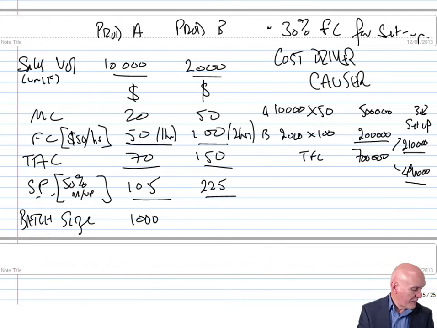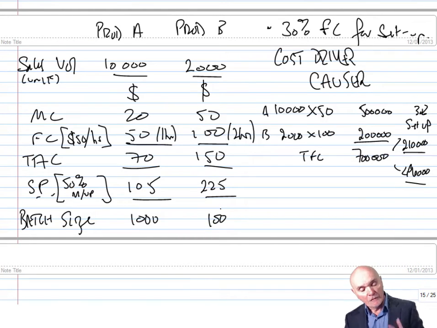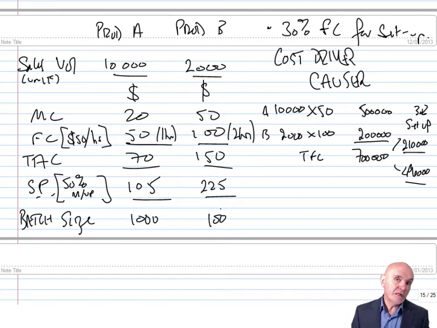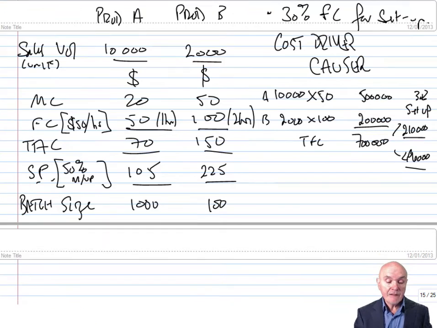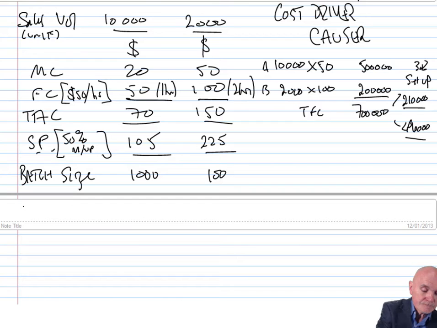And we'll say that the batch size in product B is 100. So product B is low volume product produced in small inefficient batches, if you like. Product A, large volume product produced in big batches of 1,000. Every time we stop and set up for a batch, we're incurring a setup cost. So how many setups are there?